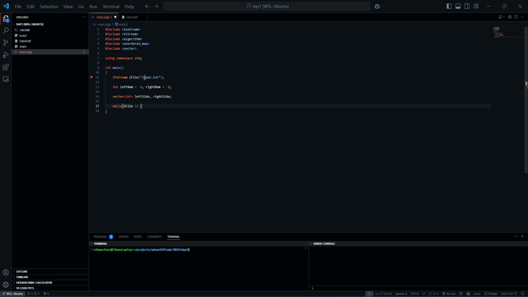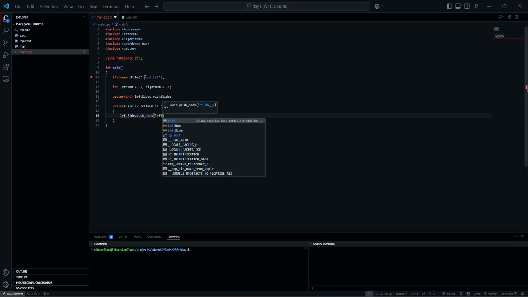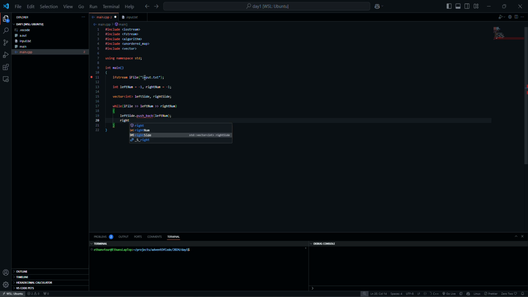So while ifile keeps putting a number into left num and also right num, all we're gonna do is left side push_back left num and also right side dot push_back right num.